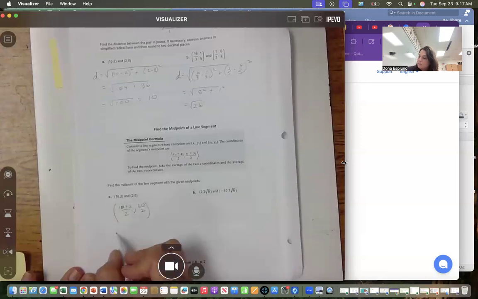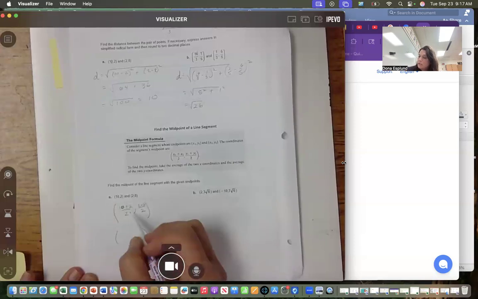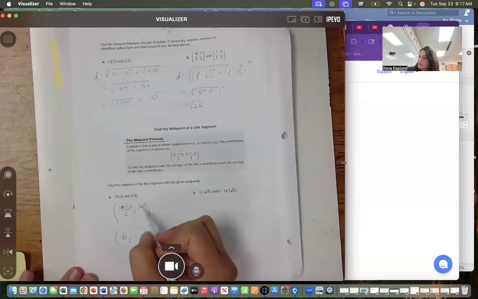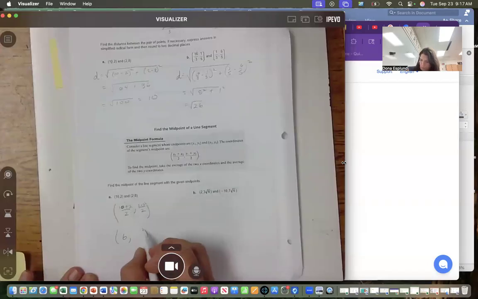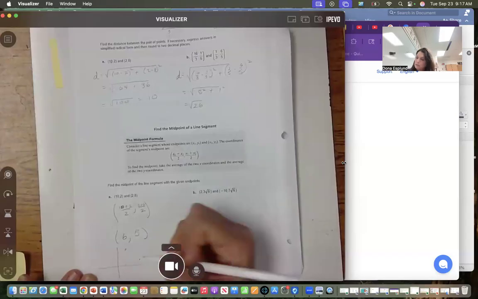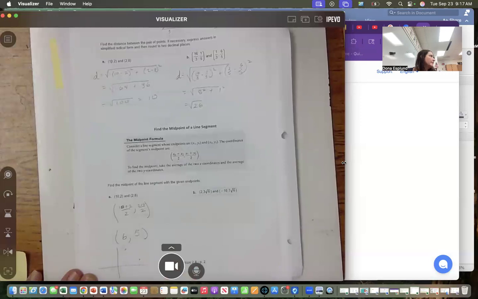Then I'm going to simplify my coordinate. 10 plus 2 is 12, divided by 2 is 6. On the next one, I've got 8 plus 2 over 2, and that's 10 over 2, which is 5. So my coordinate, halfway between 10, 2 and 2, 8, is 6 comma 5.